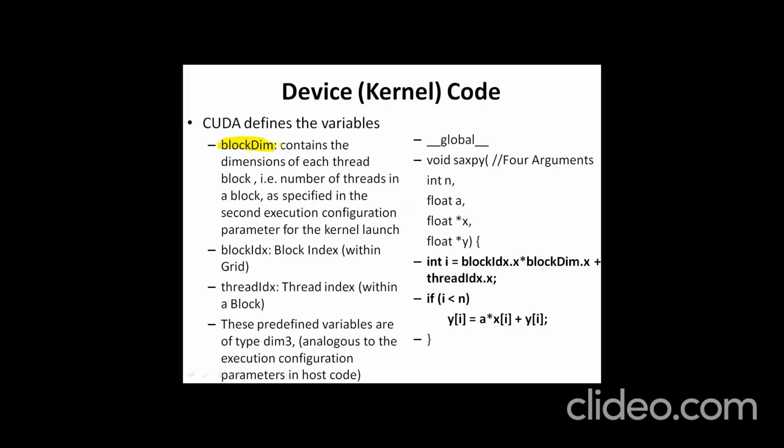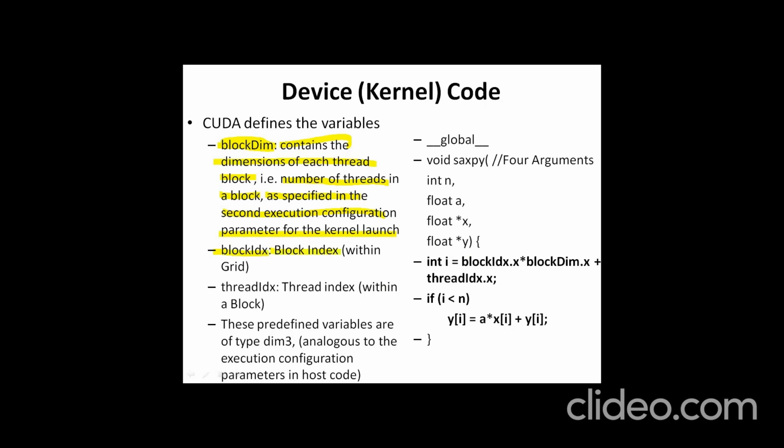Block dim is a predefined variable that contains the dimensions of each thread block, that is, the number of threads in a block. It is specified in the second configuration parameter of the kernel launch, right?